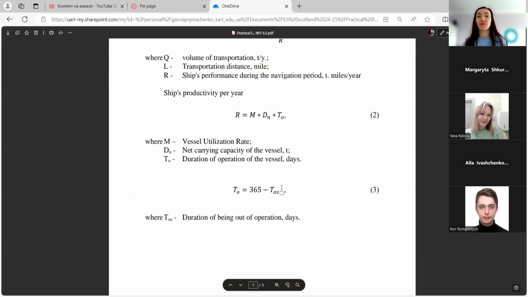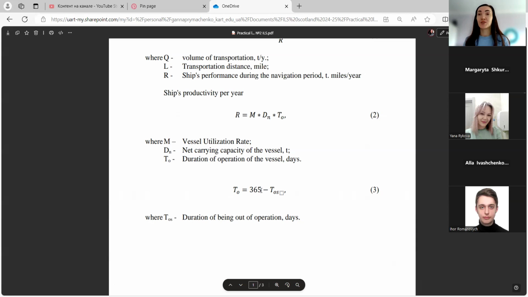It is in the methodical. Number 3, our formula, it is T with index O. It is the duration of operation of the vessels in days. So we write is equal to 365 days in a year.